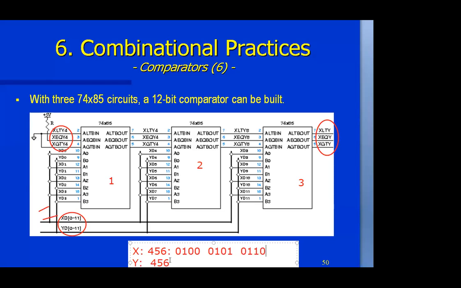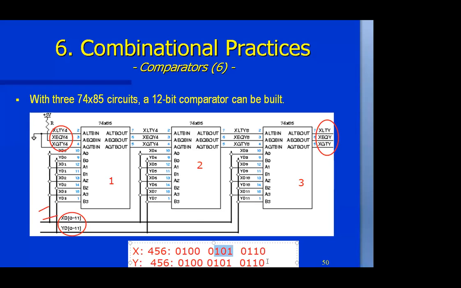Similarly, here also we are comparing the same numbers: 0100 for 4, 0101 for 5, 0110 for 6. Checking from the LSB, these 4 bits of X are compared with the 4 bits of Y. This is connected to the first IC, these 4 bits are connected to the second IC, and the remaining 4 bits are connected to the third IC.